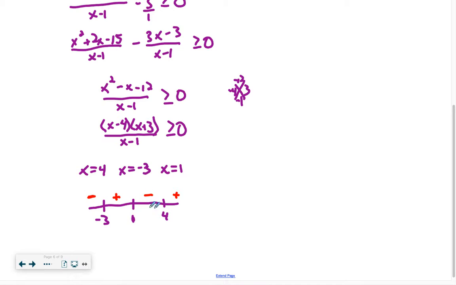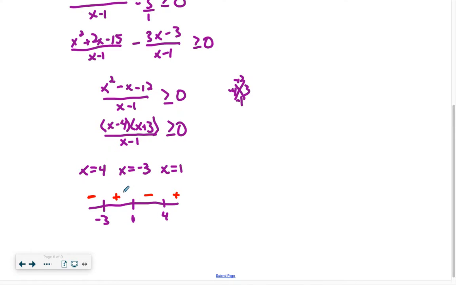Now I'm doing a lot of these kind of quickly in my head. If you want to write them out, that is perfectly fine, right? So if you want to write out plugging in 5 into this to see that you get a positive value, please do that, right? Please, if you want to take that step to make sure you're doing it correctly, please do that. So now, if we look at my function here, I want the values that are greater than or equal to 0.